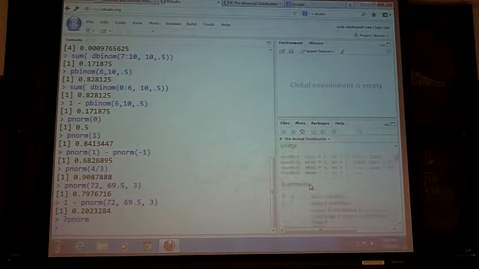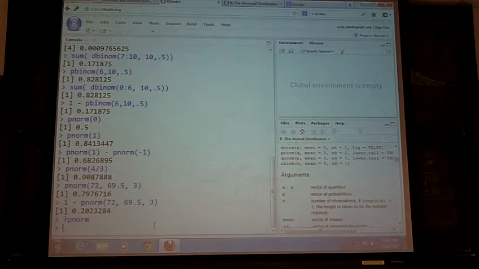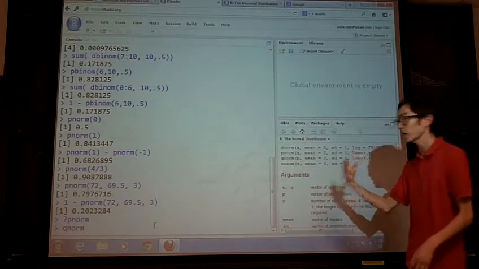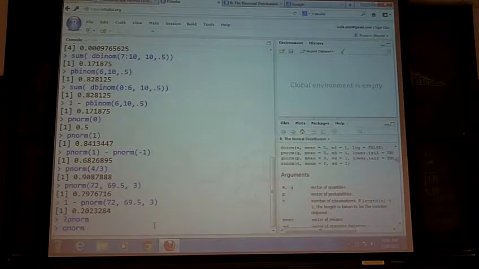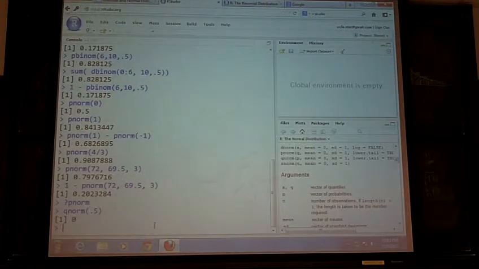And then the converse of pnorm is qnorm. Okay? qnorm says, give me back the z-score, or give me back the height, of this percentile. So what is qnorm of 0.5 going to be? 0. qnorm of 0.5, the 50th percentile, gives you a z-score of 0.